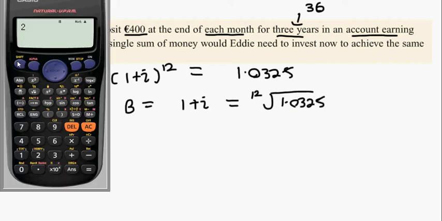The 12th root of 1.0325 is going to be equal to 1.0026. So we're going to store and save that as b.